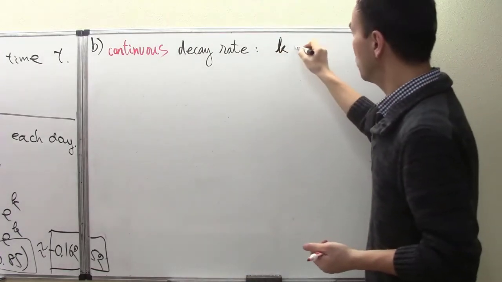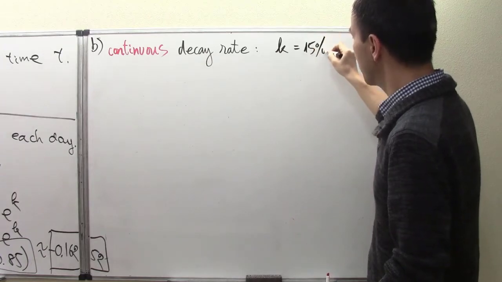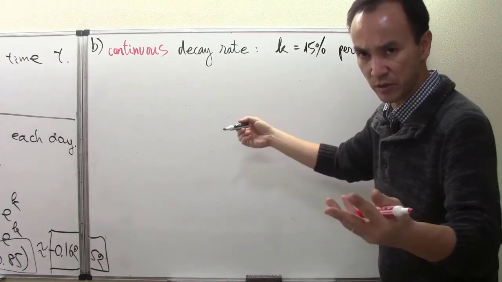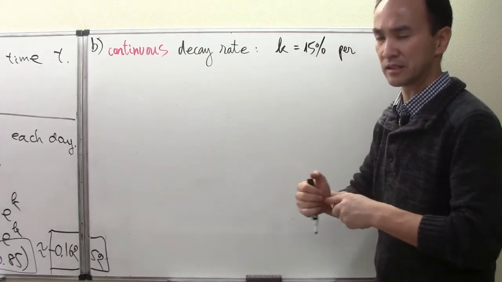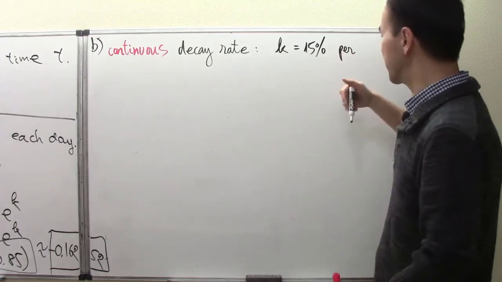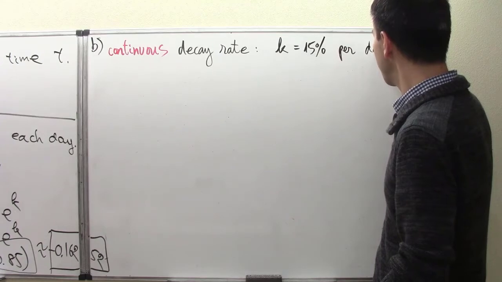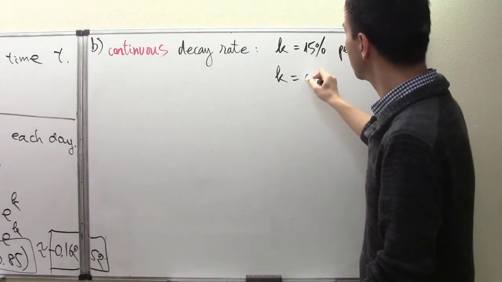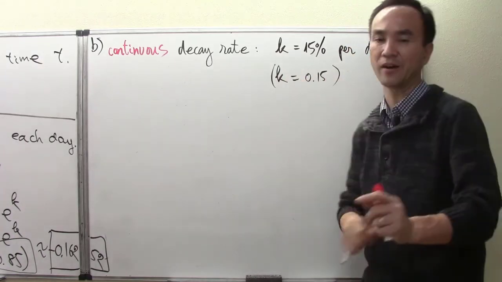So k equals 15% per day. But when it comes to continuous decay or continuous growth, the default time period shouldn't be too important anymore, but we can still write it down. So this is per day. In other words, k equals 0.15. But it's a k value, it's not the r value.